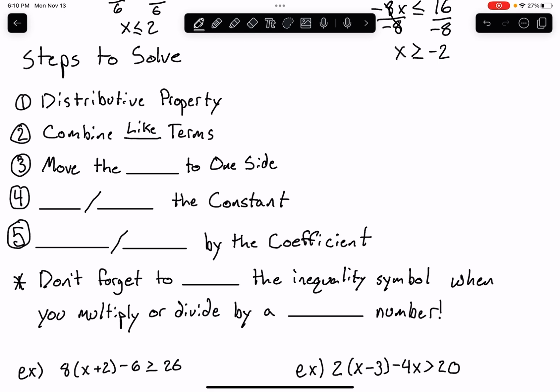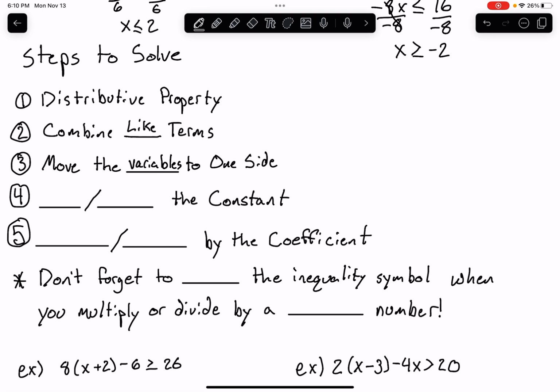And then our next step is to move the variables to one side of our inequality. We're not going to deal with that today, so I'll star the steps we're going to go through today, but this is a step in the whole process.